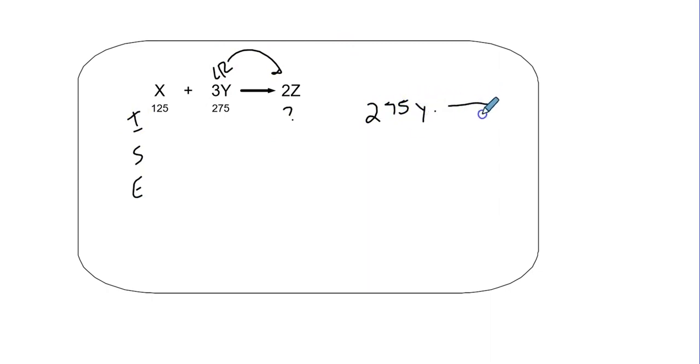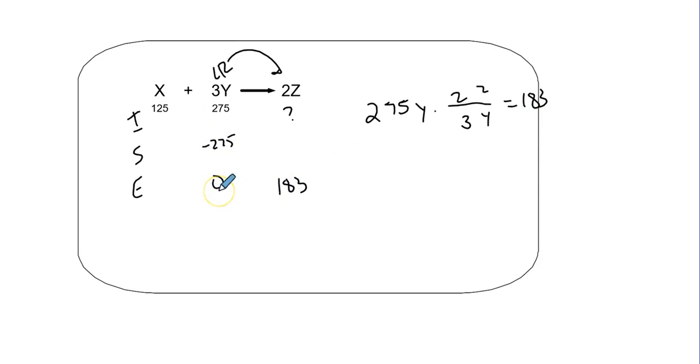Get rid of Y and go to Z at a 3-to-2 ratio, and that's your answer. Okay, and let's punch that in here quickly. 275 times 2 divided by 3 equals 183. So that means we're going to get 183 right there. So that means this guy went minus 275 down to 0.